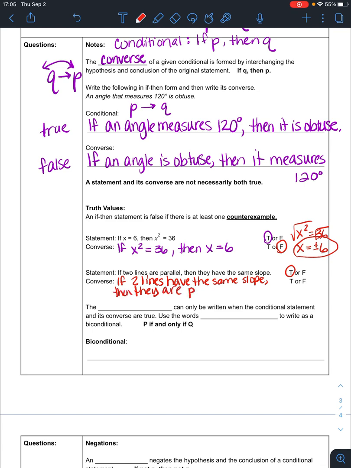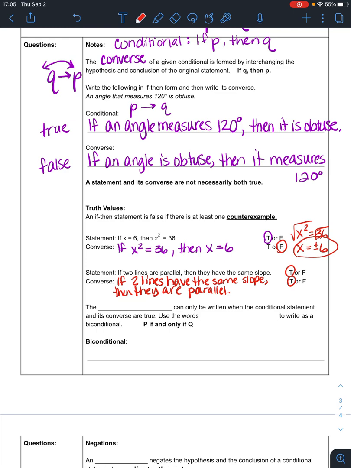Again, we try not to start our sentence with "if they have the same slope." Who's they? So again, rearrange your words so that it makes sense, but switch your concepts. If two lines have the same slope, then they are parallel. That's also true.